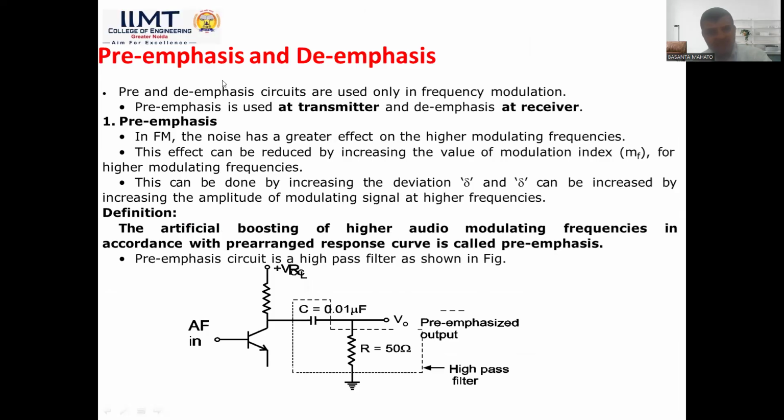Okay. Pre-emphasis and de-emphasis. Pre-emphasis is used at the transmitter and de-emphasis at the receiver. The pre-emphasis and de-emphasis circuits are used only in frequency modulation. In FM, the noise has a greater effect on the higher modulating frequencies.